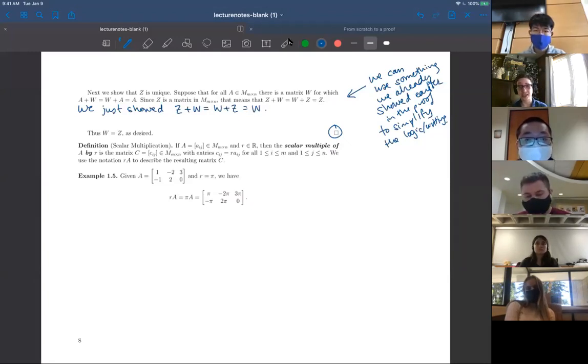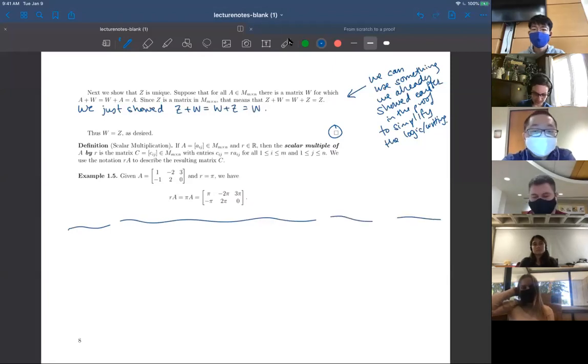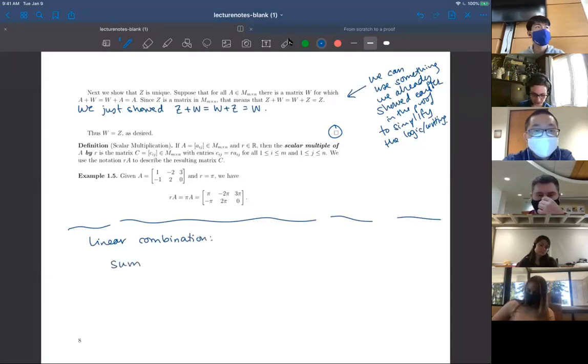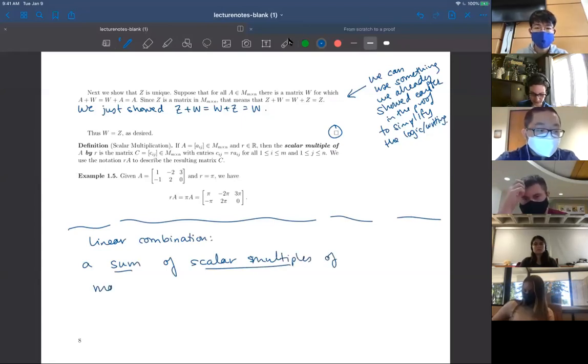There's scalar multiplication. You can multiply a matrix by a real number, and that just says multiply all the entries by a real number. And the big idea is the idea of a linear combination, which is how we put matrices together using a sum of scalar multiples of matrices of the same size.